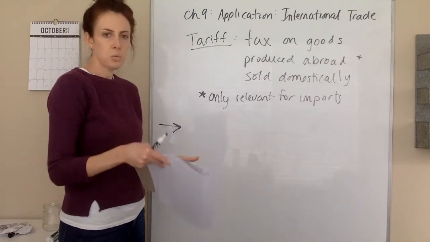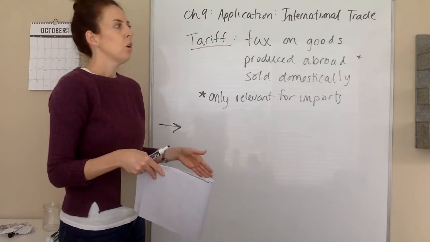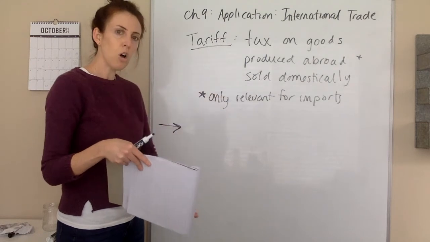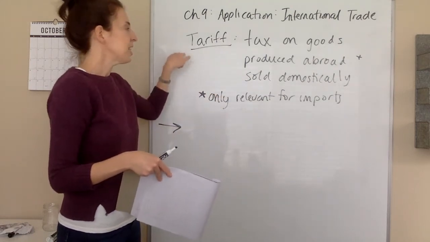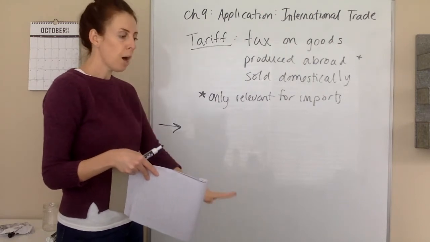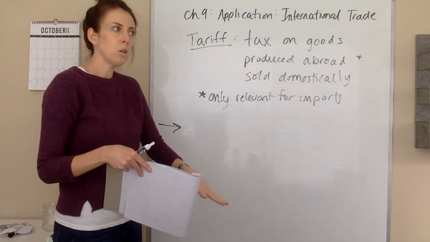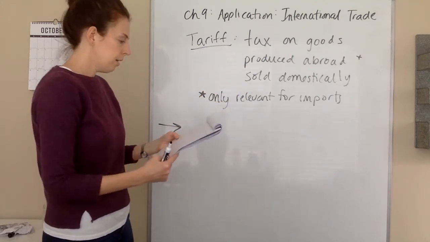Let's suppose we're the domestic country and we decide to import tires. As soon as we import, the price for tires domestically is going to fall to the world price. That's price change number one. But then if a tariff is slapped on the tires, on top of the world price we're going to have to pay the tariff. And so the price will move up from the world price by the amount of the tariff.